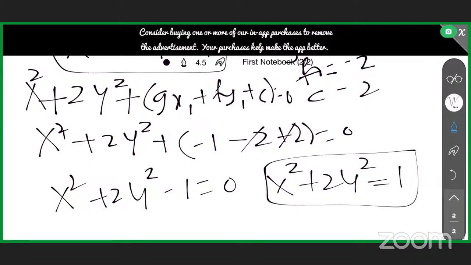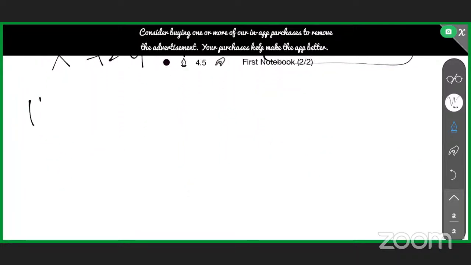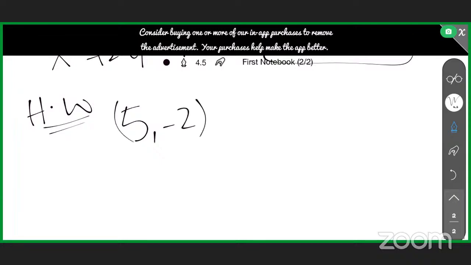Okay, I'll give you one more question as homework. Please try this one as homework. The axes are shifted to 5 comma minus 2.